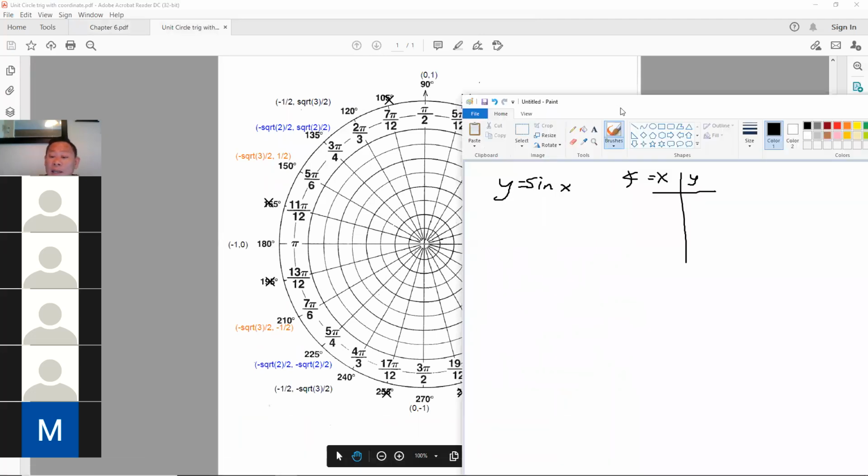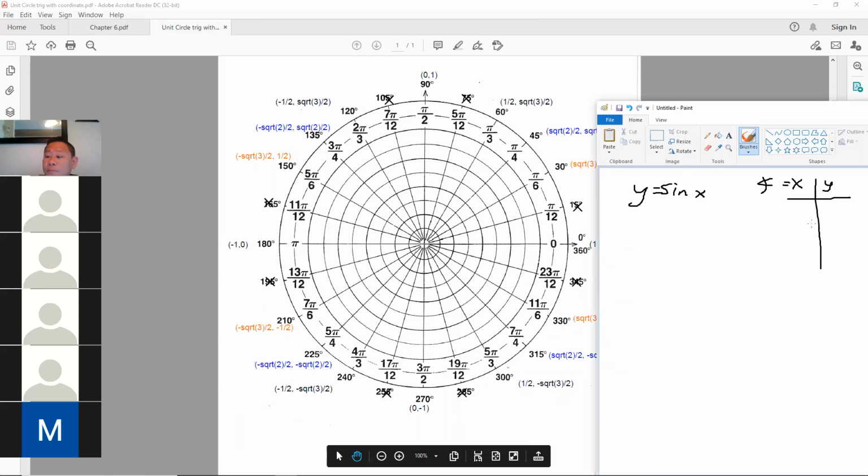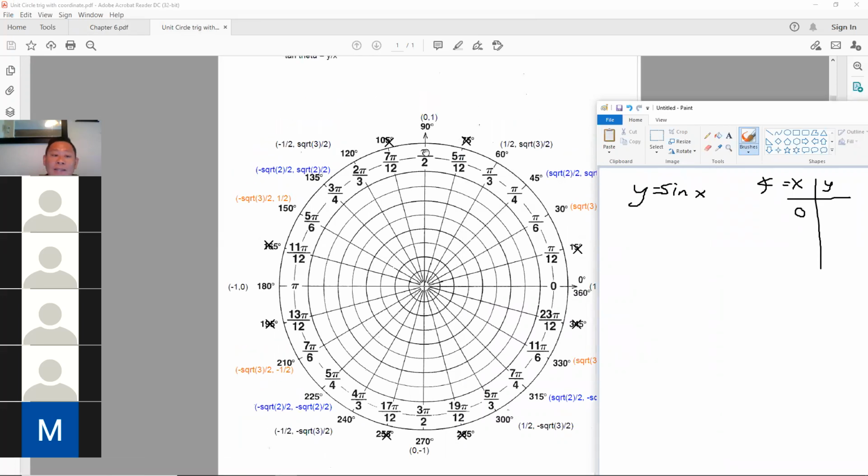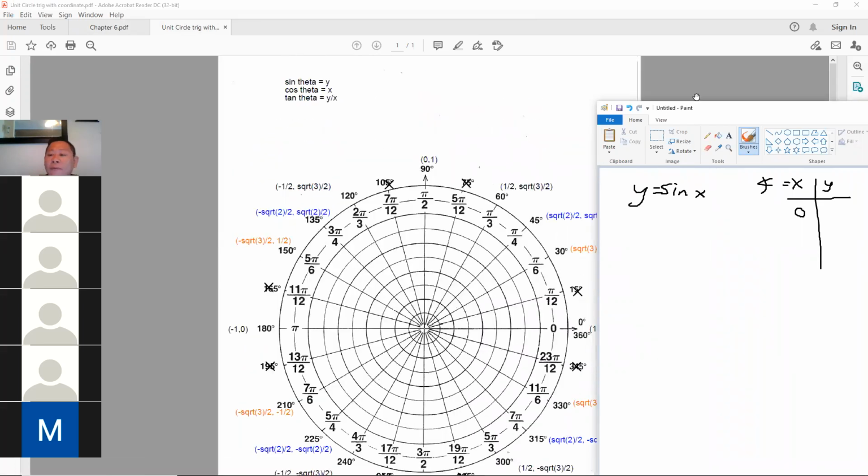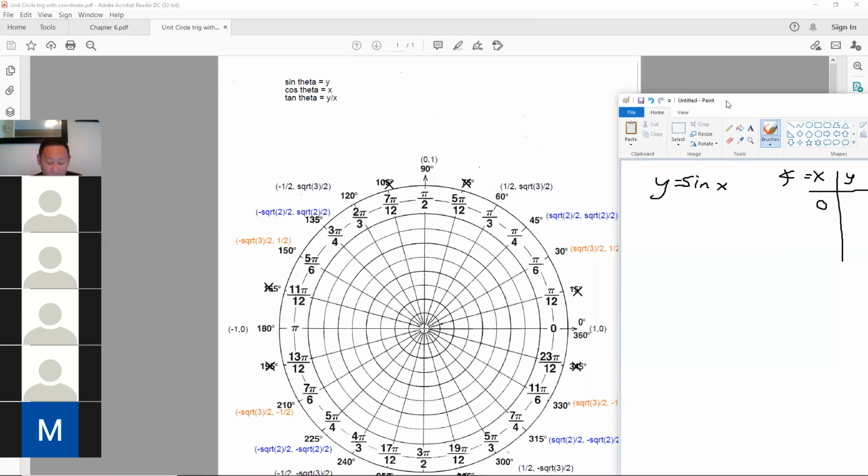So your x in this case will be 0. And as you know, sine is your y value. If you look at 0 degrees, what is the y value for it? 0, yes. So sine 0 is 0, so your y will be 0.